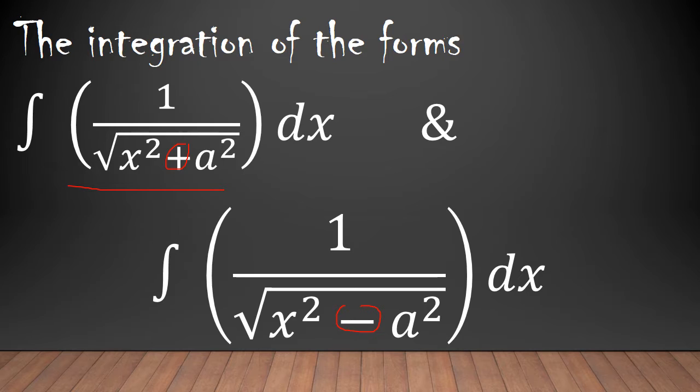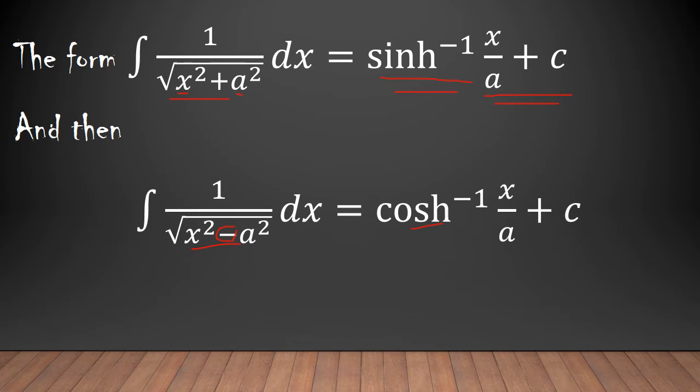The solution should be sine inverse. If you have this form, then we expect the solution to be sine inverse of x over the square root of this a, plus c.